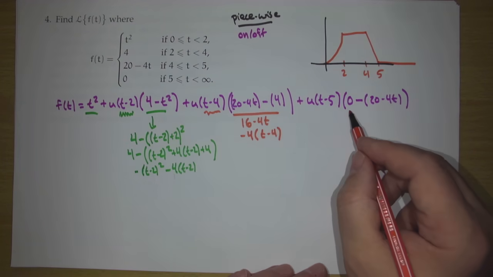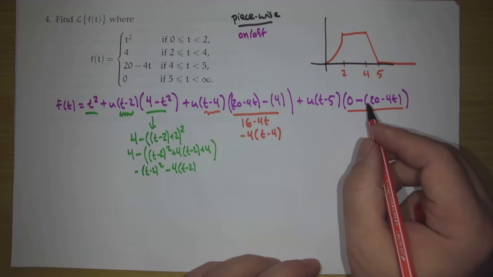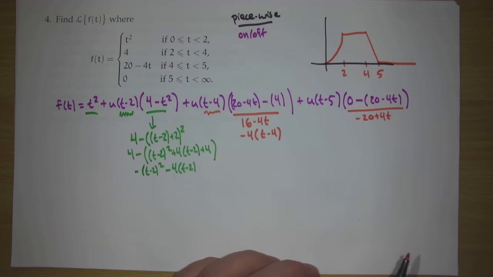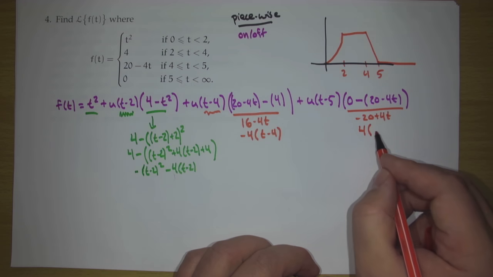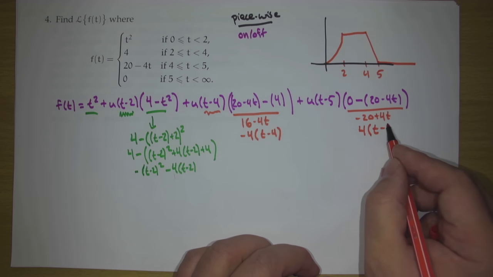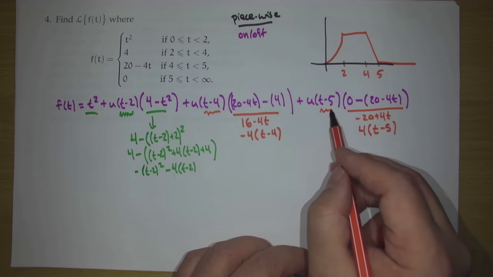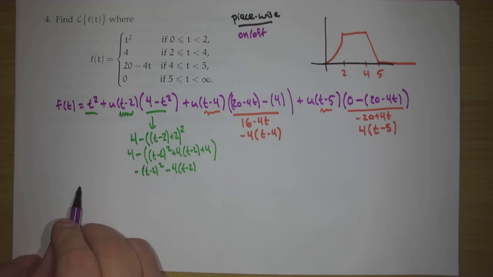Okay, how about here? The last leg of our journey. If you distribute this through, this is minus 20 plus 4t. What can you do there? Pull out a 4, and this becomes t minus 5. And we match. All right. So I'm going to rewrite f one more time, and then we'll work the answer.